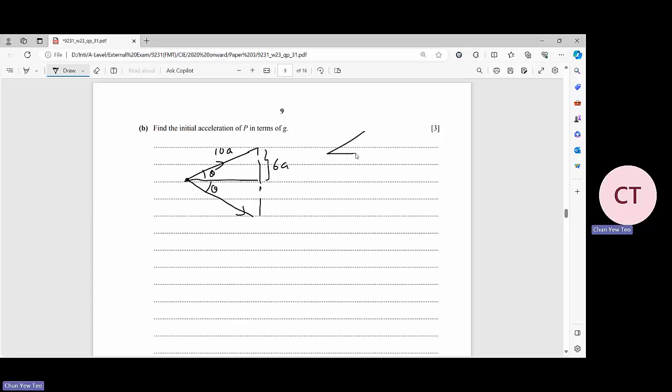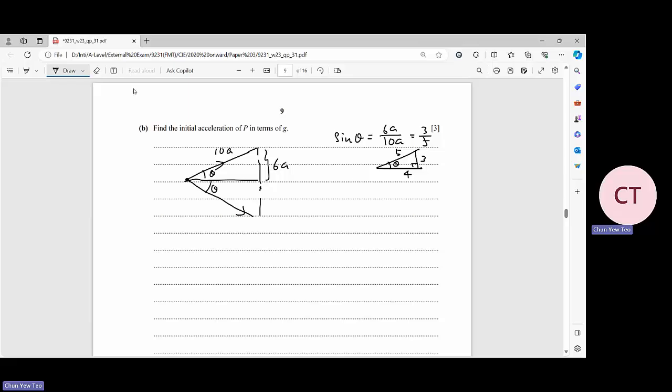From here you can view the triangle: 6, 10, and so sine theta is equal to 6a over 10a, which gives you 3 over 5. Then you can build the triangle again: 3 here, 5 here, there will be a 4.